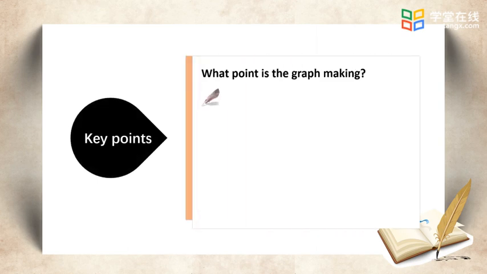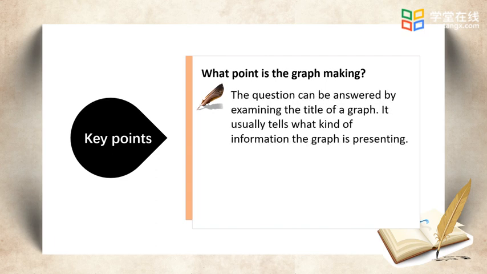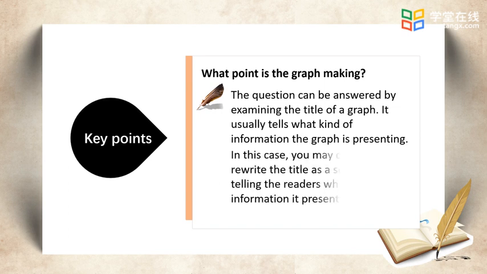What point is the graph making? The question can be answered by examining the title of a graph. It usually tells what kind of information the graph is presenting. In this case, you may only need to rewrite the title as a sentence, telling the readers what information it presents.